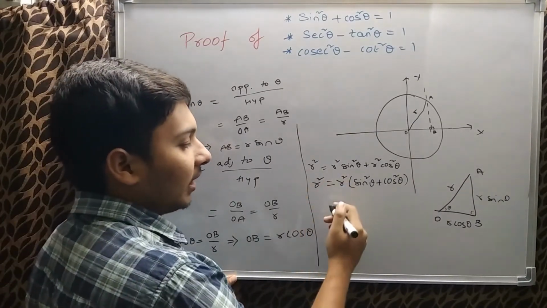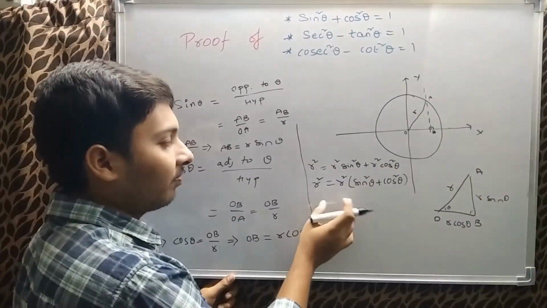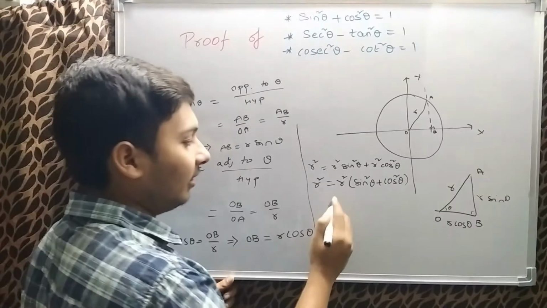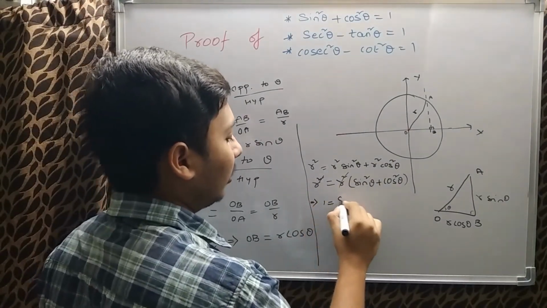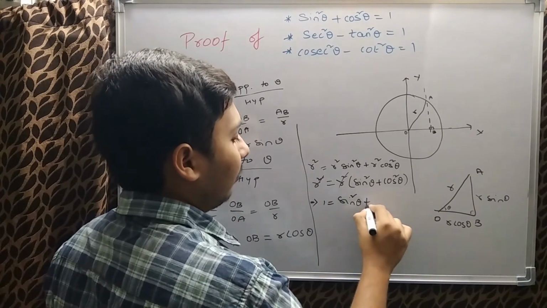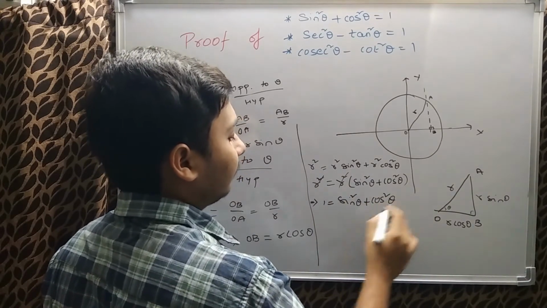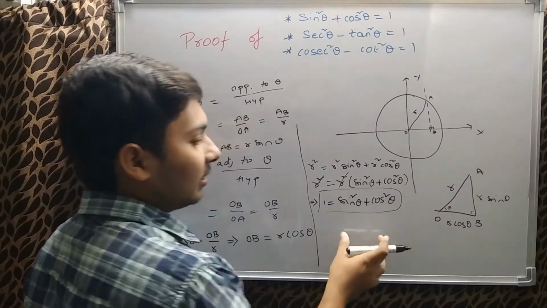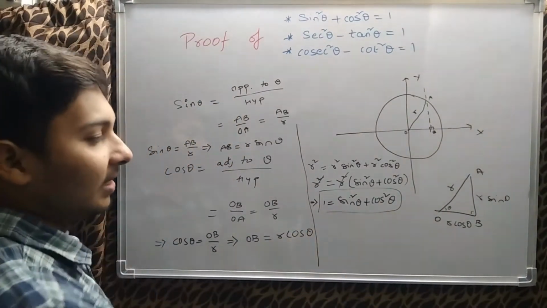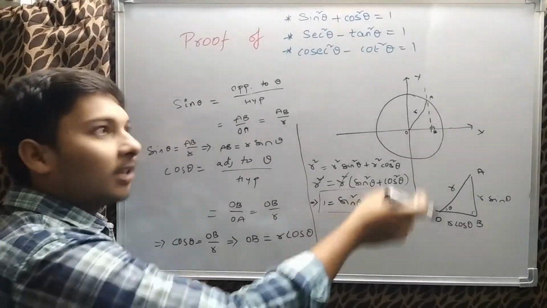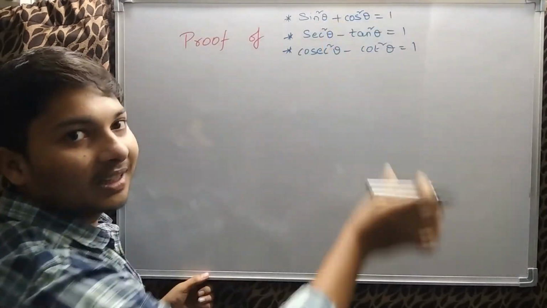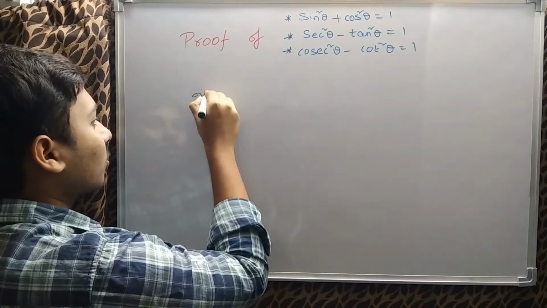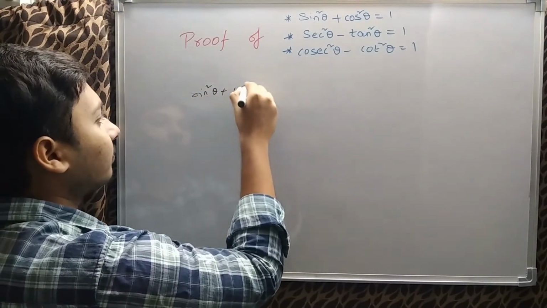From this r square gets cancelled, and that can be written as 1 is equal to sin square theta plus cos square theta. This is the second way to prove this identity. From this identity we can prove these two identities. We have proven this identity in two methods: sin square theta plus cos square theta is equal to 1.